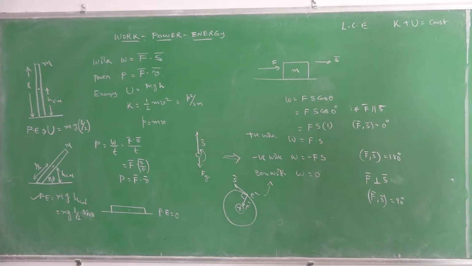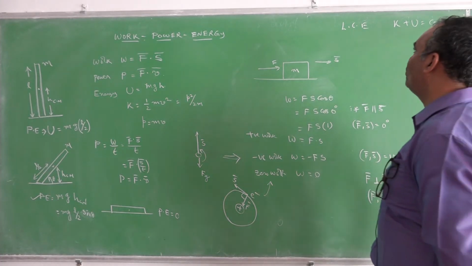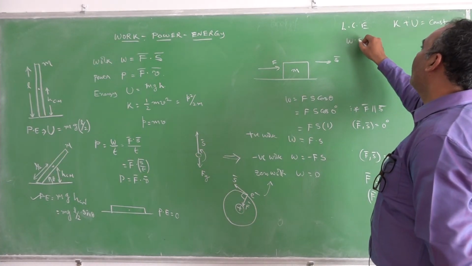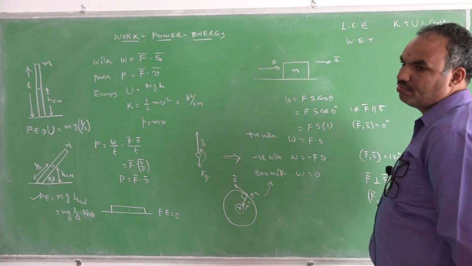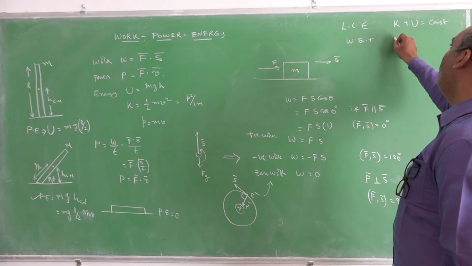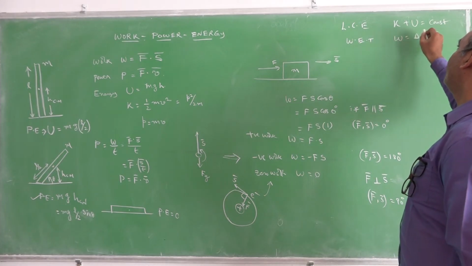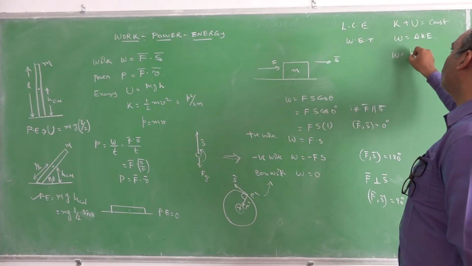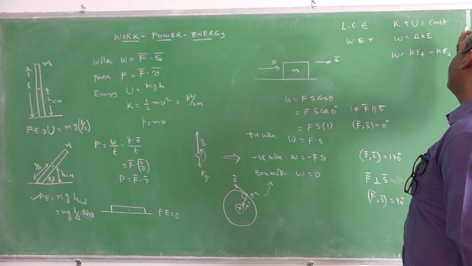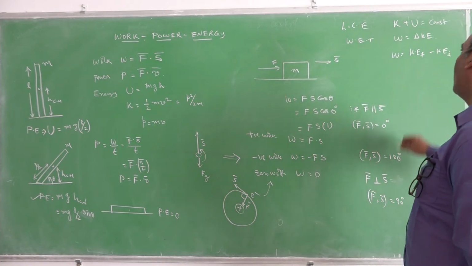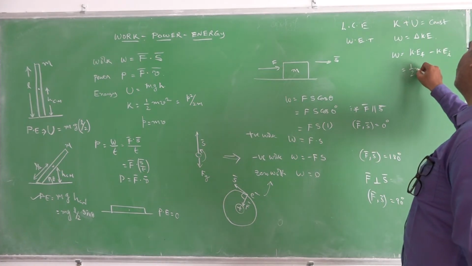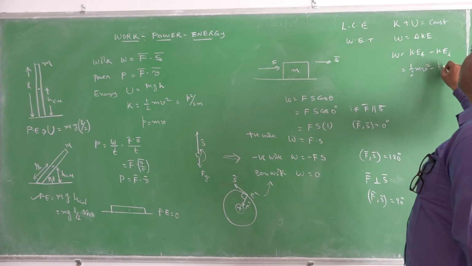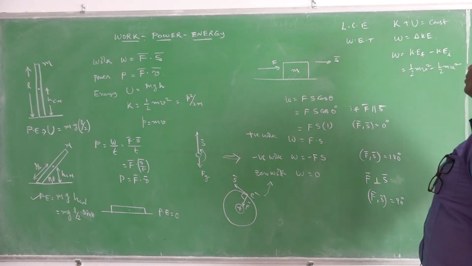And also we have the work energy theorem. According to the work energy theorem, work done always brings a change in kinetic energy of the object. So work done is equal to kinetic energy final minus kinetic energy initial. Kinetic energy final means half mv square. Kinetic energy initial means half mu square.